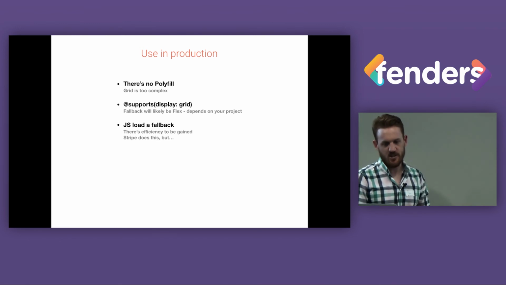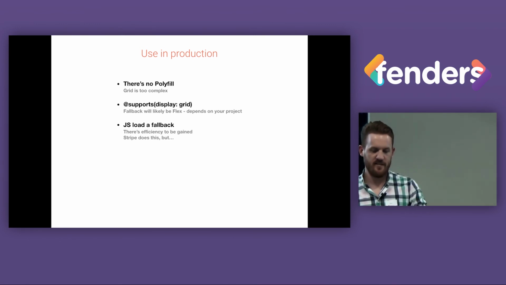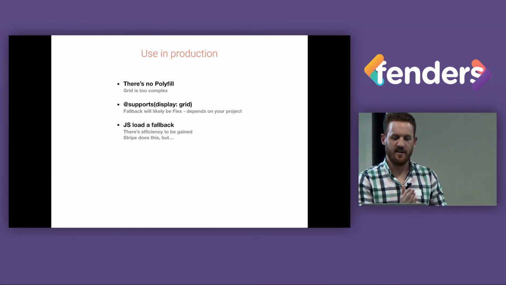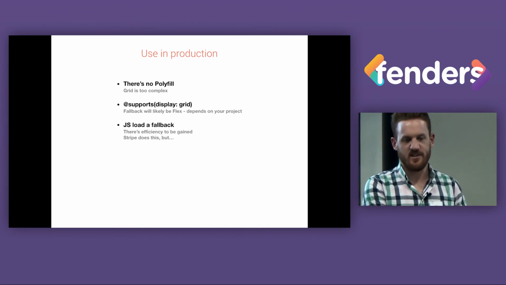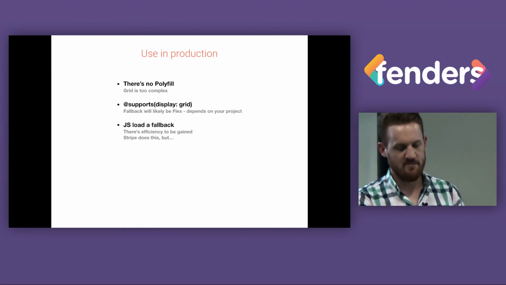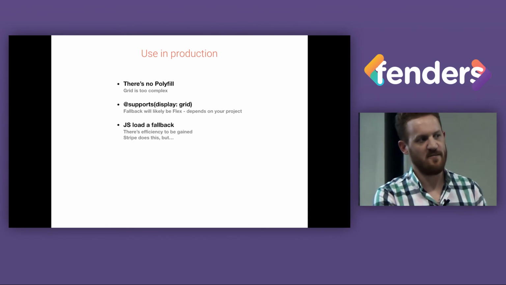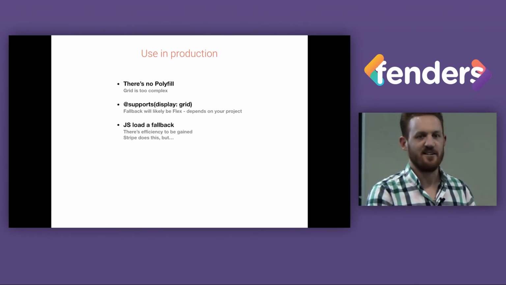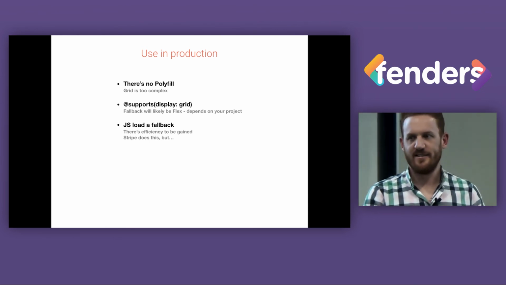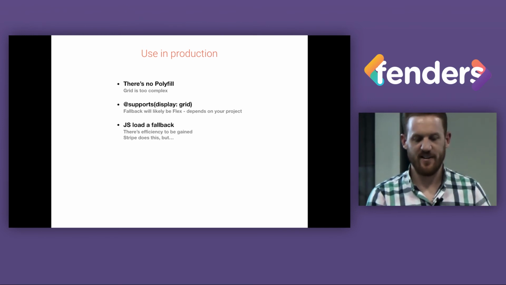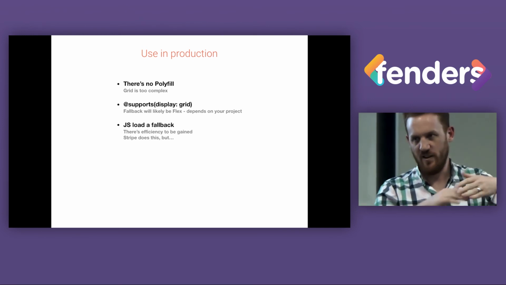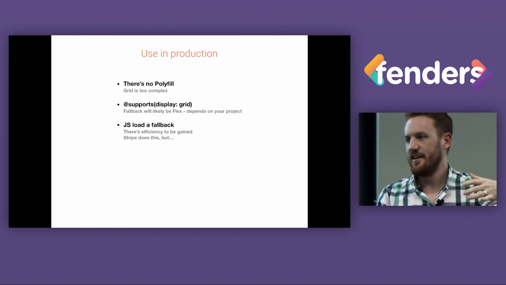What I've been seeing Stripe doing, they've been doing a lot of work in this, is they're loading the fallbacks with JS. And that's probably really good for Stripe because they have a very technical audience, I think. The benefit of JS loading it in is obviously that you don't have all the CSS in one file.